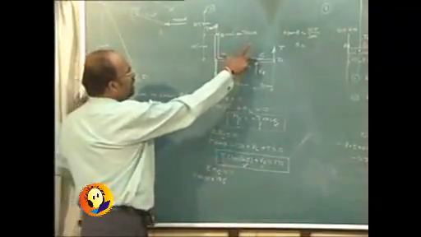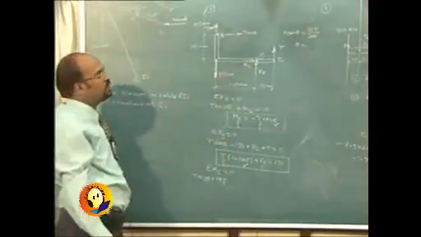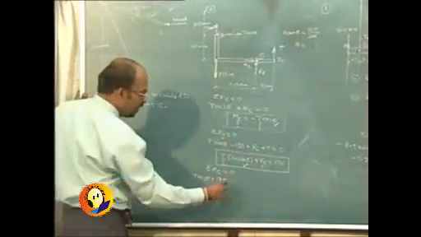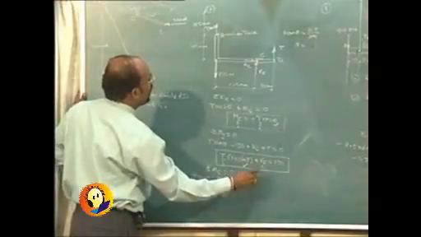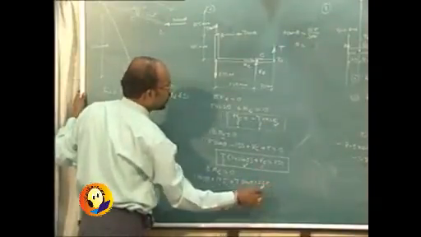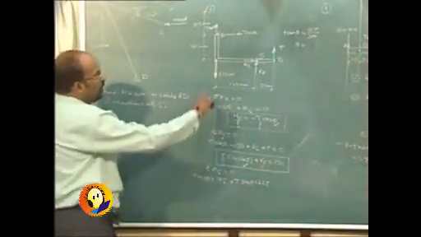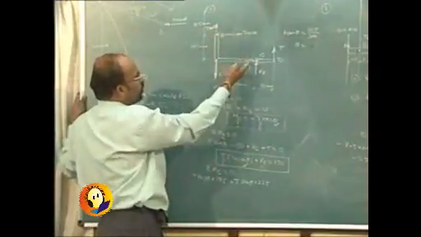Now at C you will find that T sin theta also produces the clockwise moment, and so it will be plus T sin theta into the perpendicular distance, which is 225, clockwise moment of T sin theta. Then there will be anti-clockwise moment of 150 newtons.